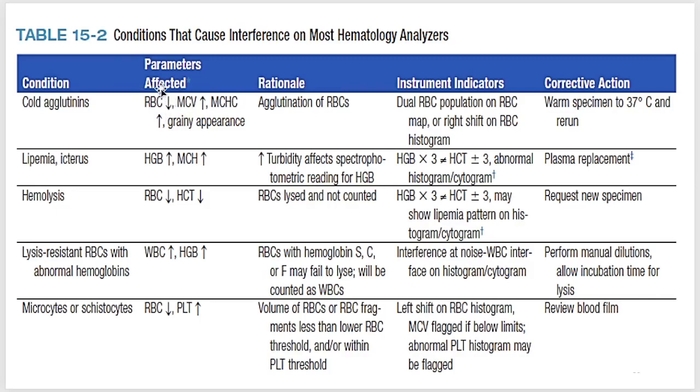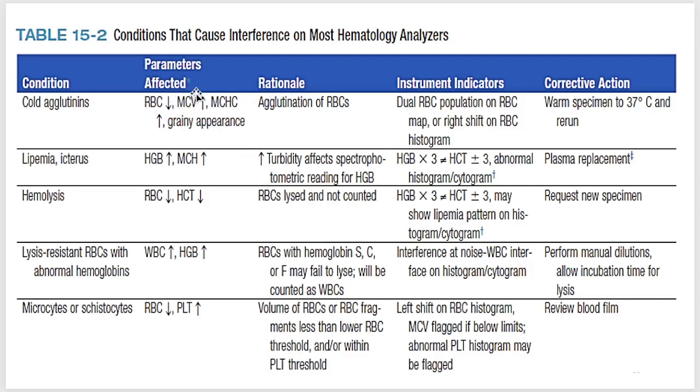Bababa ang result ng ating RBC, tataas ang MCV. Bakit tataas ang MCV? Kasi nga, nagkukumpul-kumpulan, nagmumukhang malaki ang RBC. Kaya ang mean cell volume parameter will also be increased, including your MCHC, kasi parang nakacount as 1 yung cell, and it will create your grainy appearance.